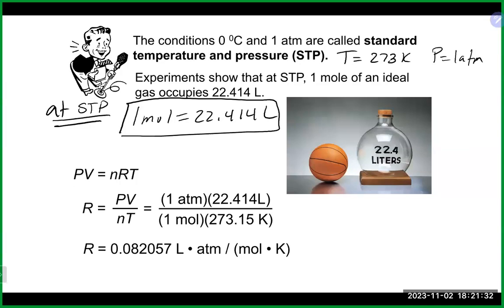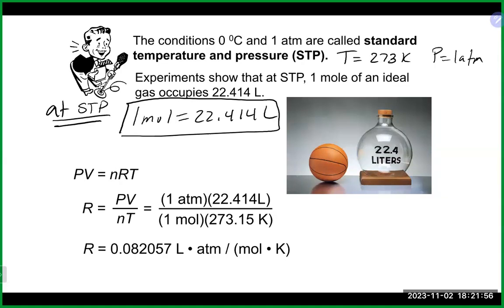You should never use that conversion if you are not at STP. So if your temperature is not 273 or your pressure is not 1 atmosphere, both of those together, then you should not use that conversion factor. You should use the ideal gas law. The good news is you can use the ideal gas law for any conditions, STP conditions, non-STP conditions.